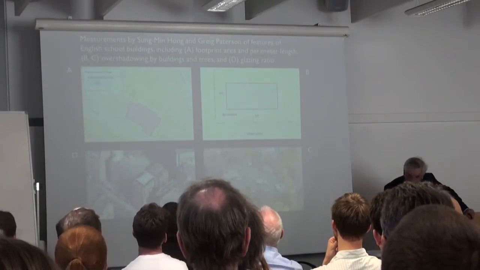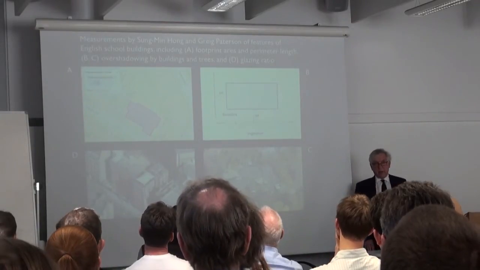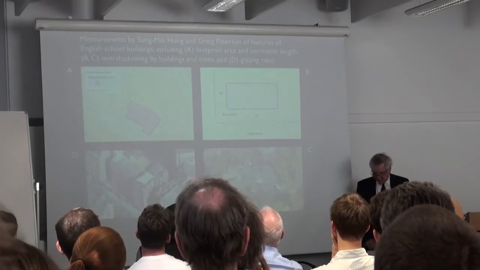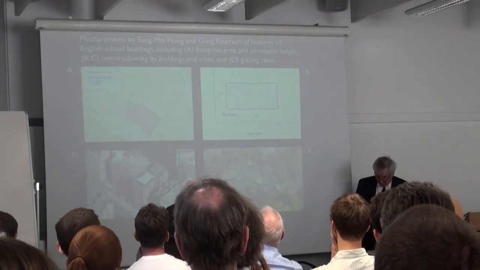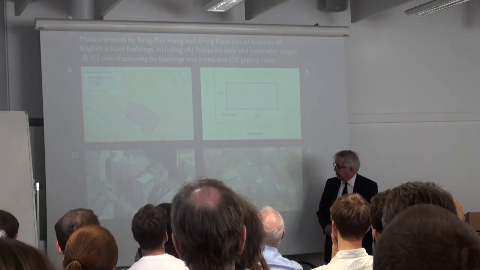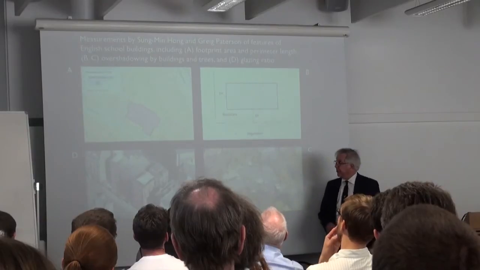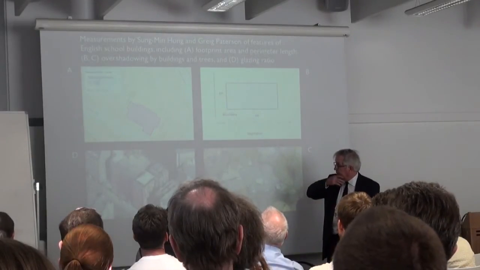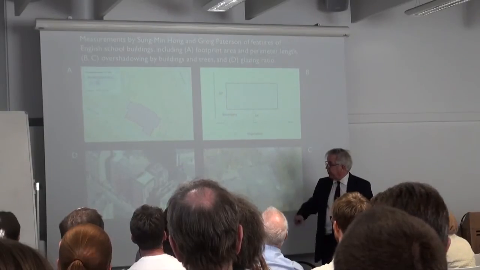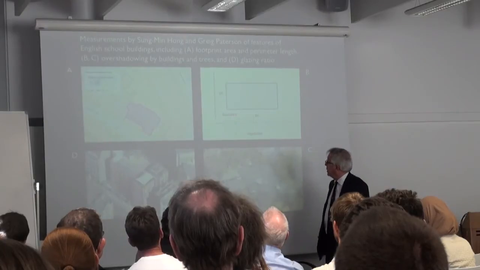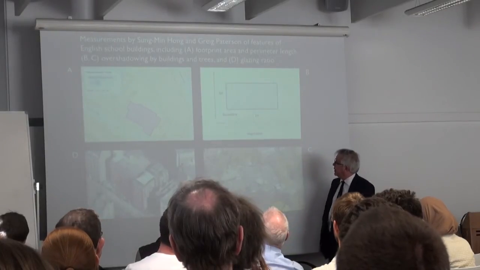They found online sources, they looked at Google Maps, they used Bing Maps, and measured a series of properties. I'll show you a list in a moment, but here are some examples of the ways in which they measured geometrical properties. Top left, A, measurements from digital maps of footprint area and perimeter length, measuring plan depth.